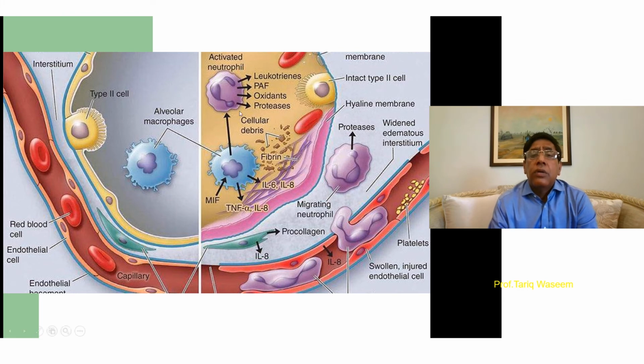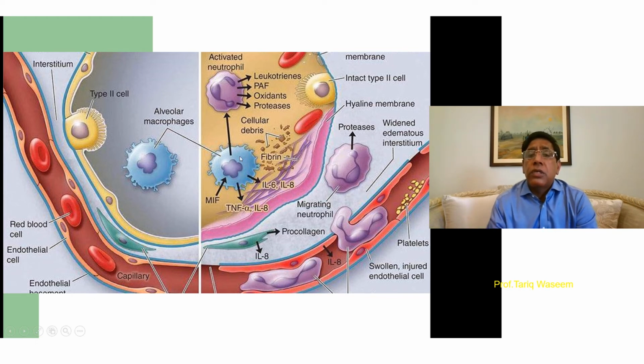So this is how a normal alveolar capillary membrane and interstitial membrane looked, and this is how an insult to these capillaries, as a result of activation of the immune system, has led to widening of this space. This widening leads to lesser gas exchange, and there is very rapidly developing fibrosis of these alveolar membranes.